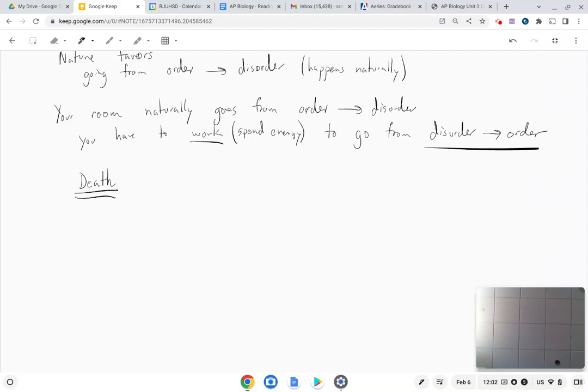Decomposition. Okay. Say a little more about that. Like what's happening to the molecules, and in terms of order and disorder, which direction are we going? What do you guys think? Decomposition is characterized as order to disorder or disorder to order?